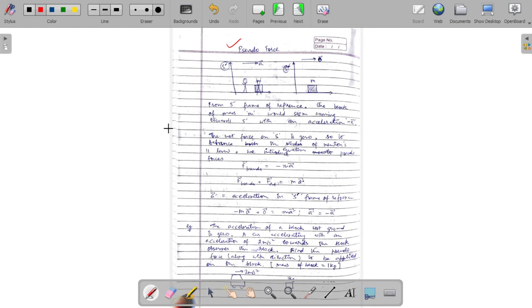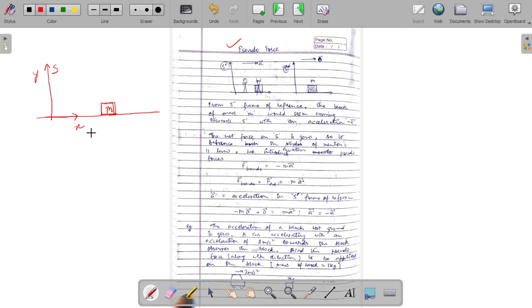So let us take a case of a block. This block is kept on some horizontal surface, and we are trying to observe this block from a frame of reference, let's say S. So this frame of reference is at rest and it is observing this block also at rest, that this block is not moving.